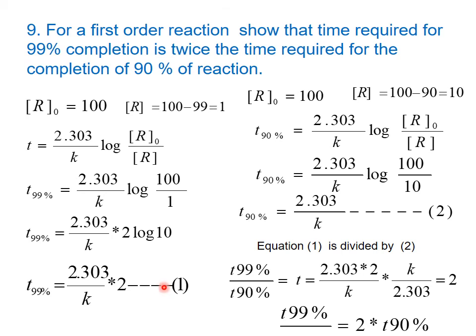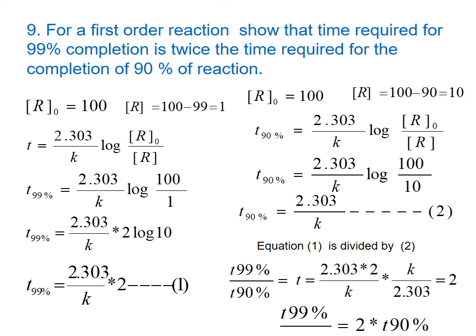Now we can move to the second condition, completion of 90% of reaction. In the case of 90% completion, R0 remains the same, 100. 90% reaction completed means 90% of reactants changed into product. Now the remaining concentration of reactant is only 10, that is 100 minus 90 equal to 10.